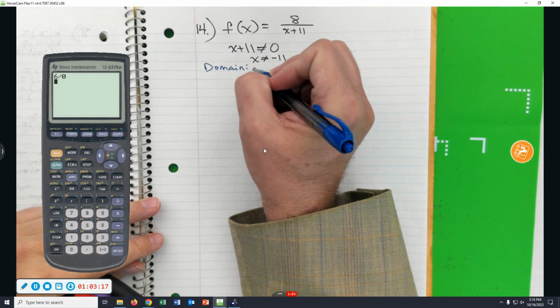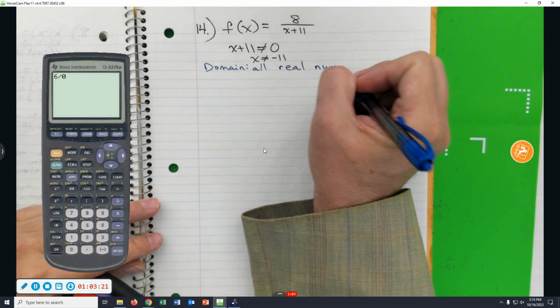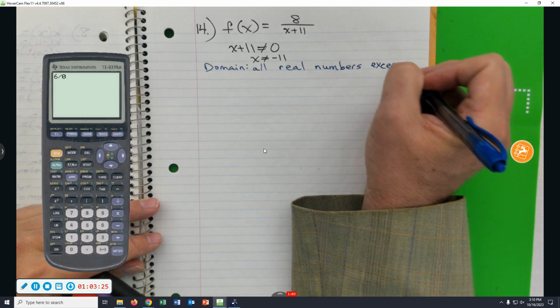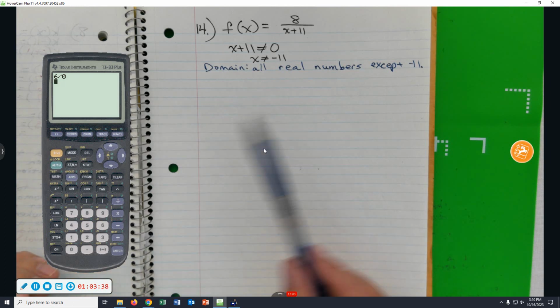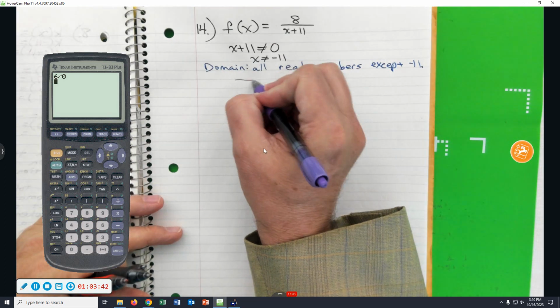So I'll say all real numbers except negative 11. But they want us to enter this using interval notation. So how do we express this? Here's a number line.